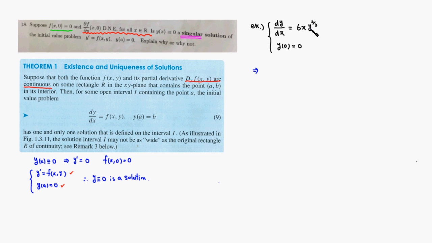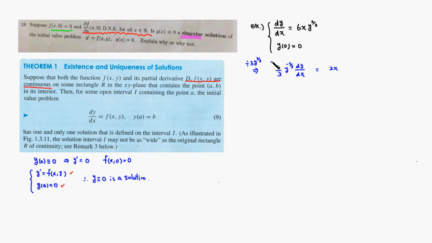I'm going to first divide through by 3y to the 2/3 power. Dividing by 3, so 1/3, and dividing by y to the 2/3, it's going to be y to the negative 2/3 times dy over dx, and the right-hand side is going to be 2x left over, right?